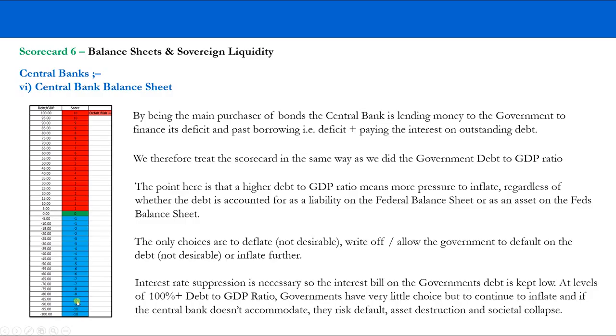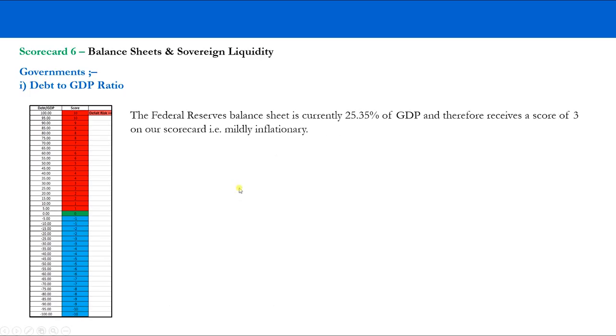So we look at it in exactly the same way. And the Federal Reserve's balance sheet is currently 25% of GDP, and therefore receives a 3 on our scorecard, so mildly inflationary.